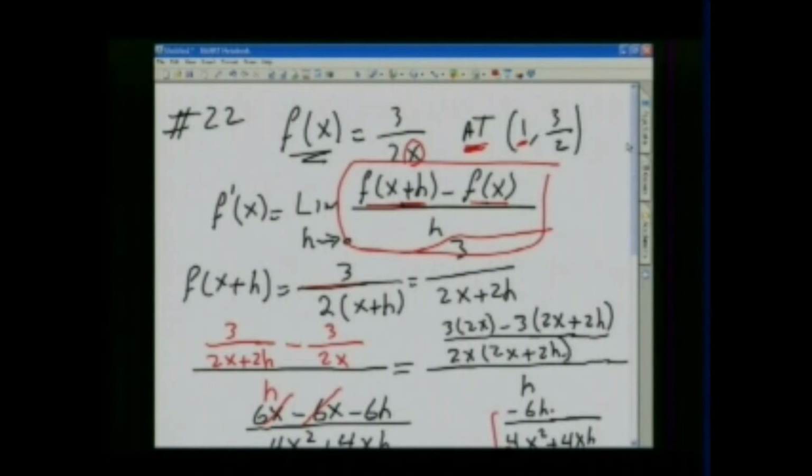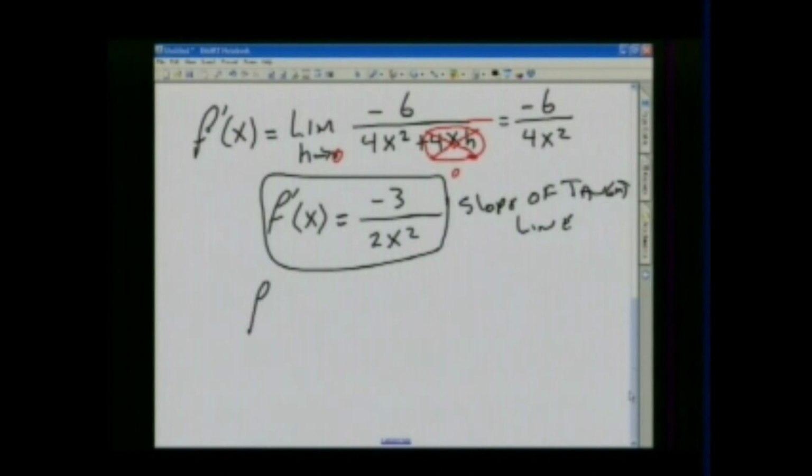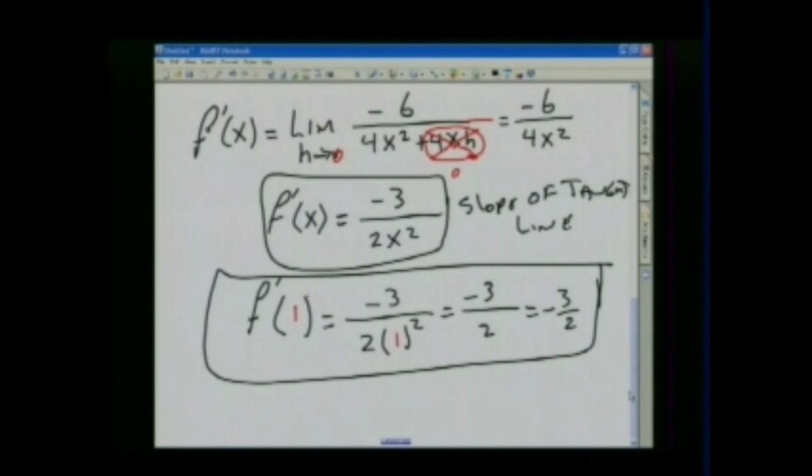So what I have to do is plug in 1 for x here. In other words, evaluate the function at x of 1. So that would be equal to minus 3 divided by 2 times 1 squared, which is minus 3 divided by 2, which is minus 3/2. So the slope is minus 3/2 at that point.